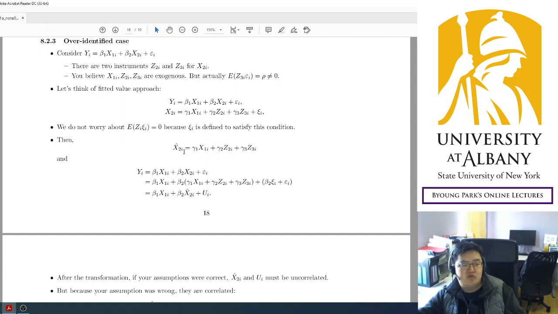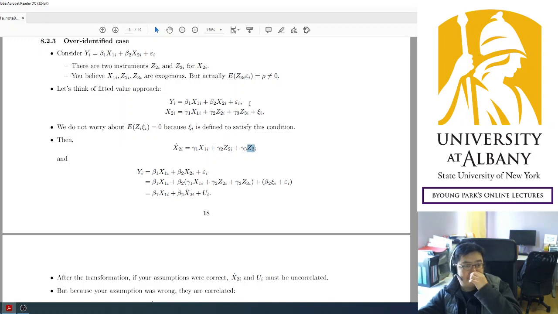Then remember, we took the fitted value. x2 hat is the fitted value, and it can be written this way. So we drop the xi, which is potentially correlated with epsilon. So we remove the correlated variation in x2, and we only use x hat, the fitted value, which by construction must be uncorrelated with epsilon. But in our case, because of the misspecification, now this is correlated with epsilon because this part is correlated with epsilon.